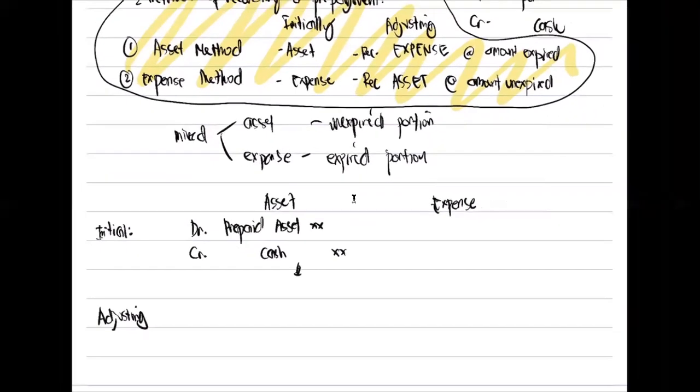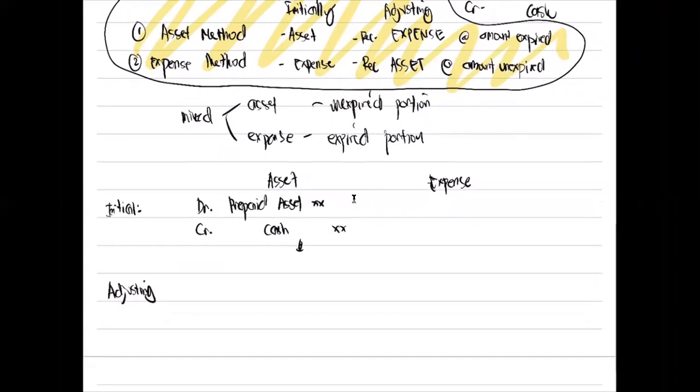So in our adjusting, under asset method, we record an expense. Wait, you might get more confused. So here we are, guys. So asset method, initially we record it as an asset. Adjusting is an expense. We record an expense at amount expired.